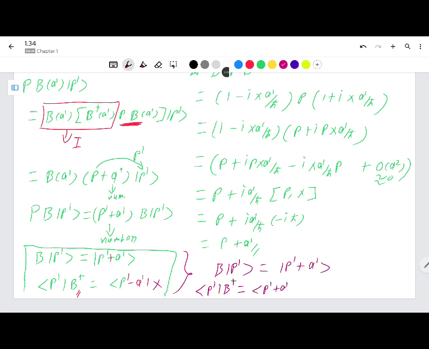Of course, this does not change. On the other hand, if I would have gone with B dagger on P prime, it will give me P prime minus A prime.